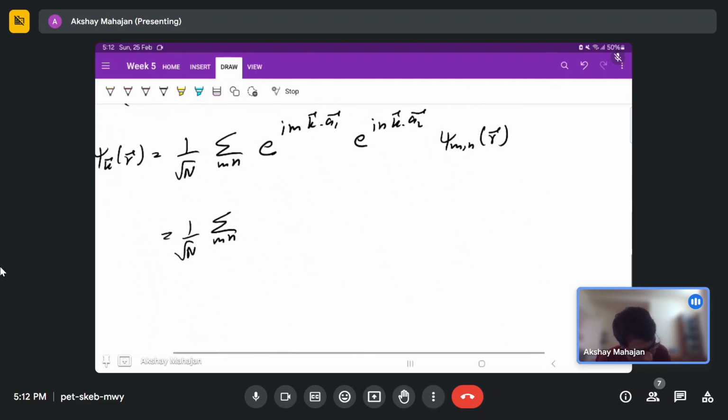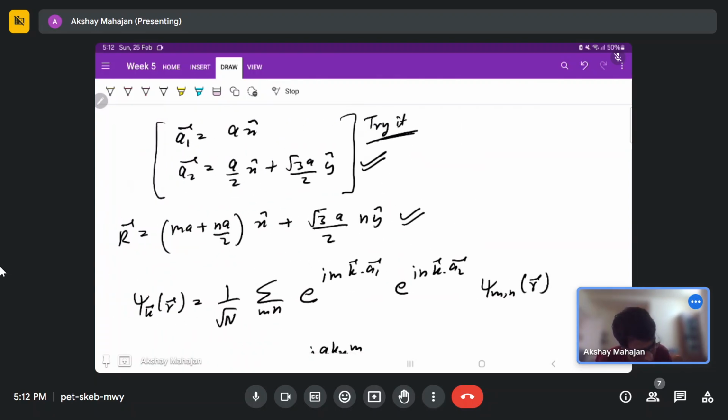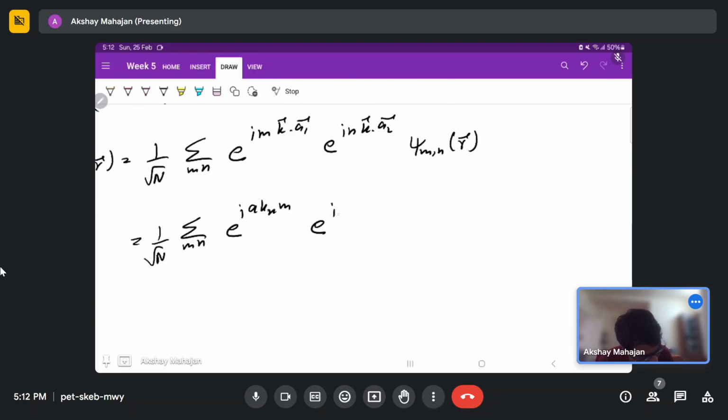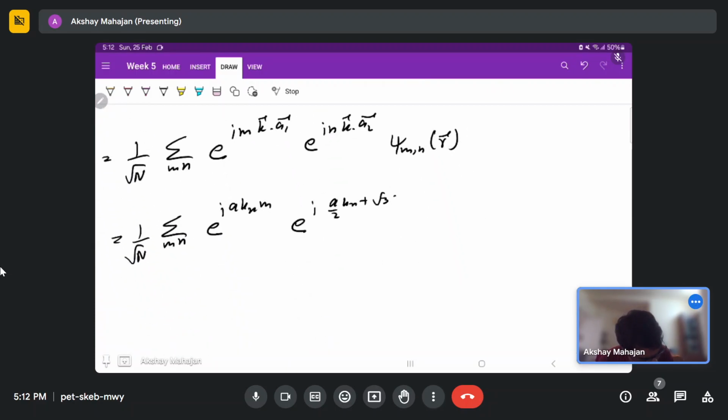So you will get e to the power iota m times a kx, or I can write it as a kx times m. And if I do k vector dot e2 vector, I will get iota, and k vector dot e2 vector will give me a by 2 kx plus root 3 a by 2 ky, times n, psi of m comma n of r vector.